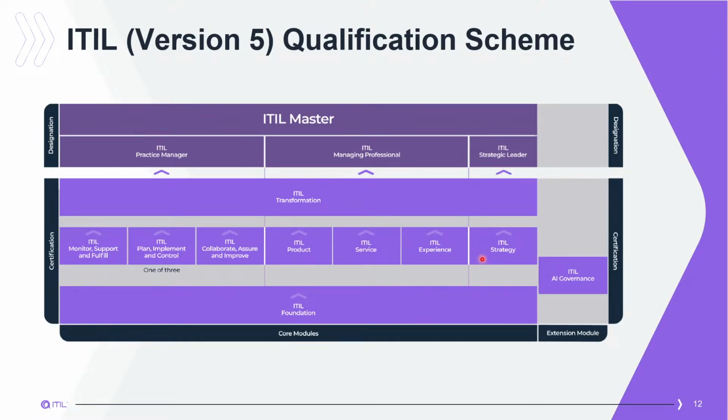It's not necessary anymore. So if you want to get the Strategic Leader, the ITIL Foundation is enough, plus the strategy module. And of course the transformation module is very important. For all the designations you would like to get, ITIL Transformation is a must.